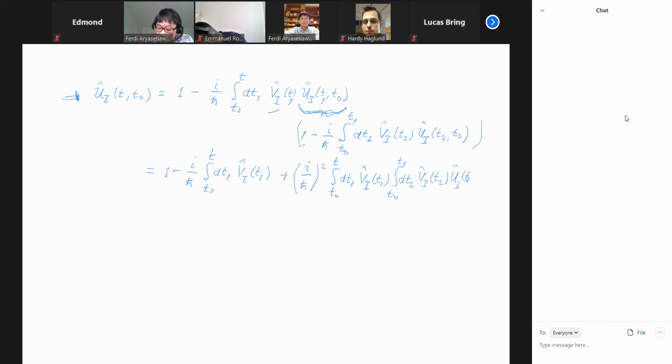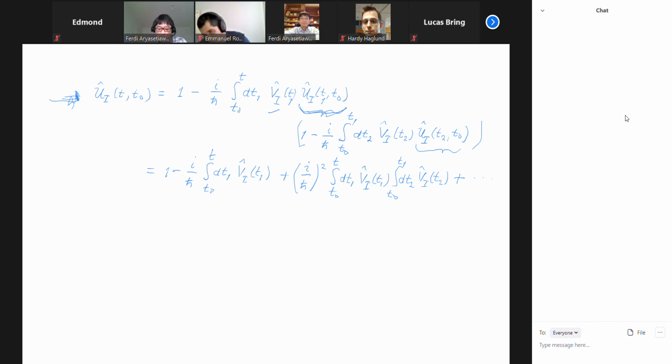When we iterate, we replace this one here with the general expression. The first term will be just 1, so that will give me the second order term here, and then plus higher order terms.